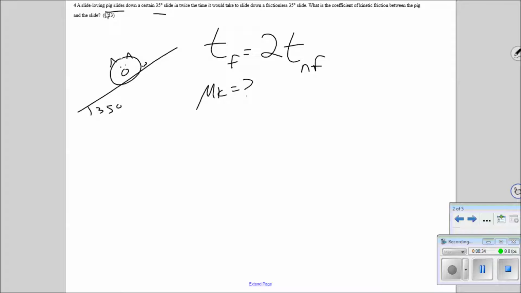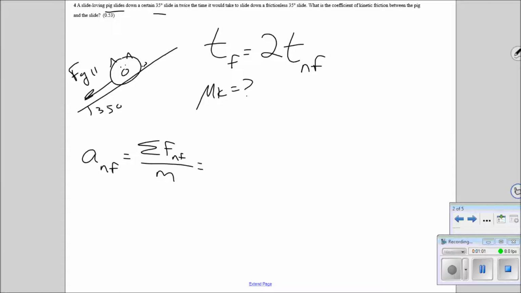All right, so let's do this. We don't know a ton about what's going on here, but we can certainly find the acceleration of the pig if there's no friction, right? Because if there's no friction, then the only force on the pig is going to be our parallel component of gravity, right? And so the acceleration with no friction would just be the net force divided by the mass of the pig.